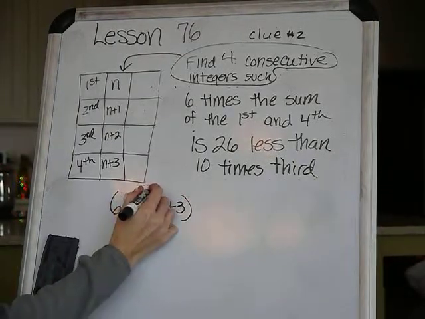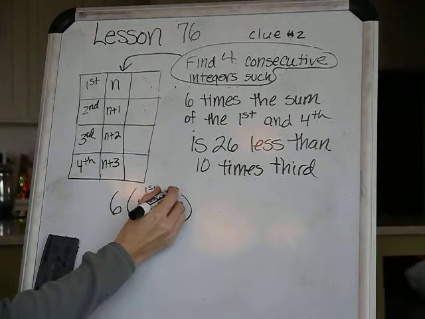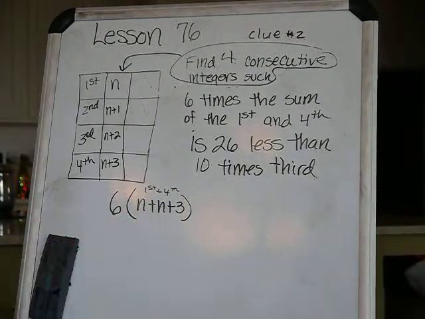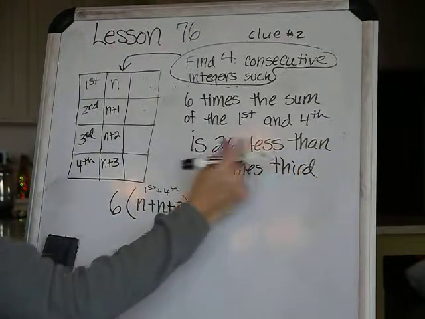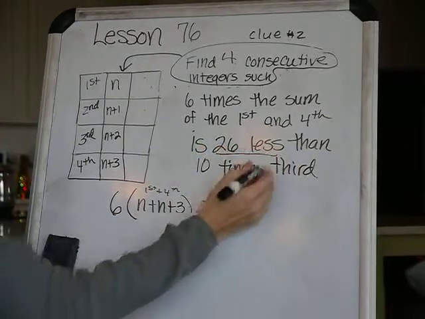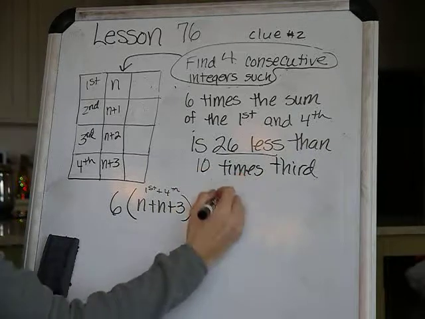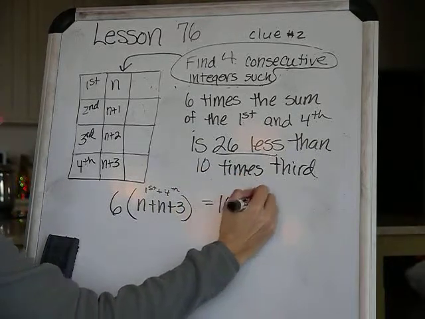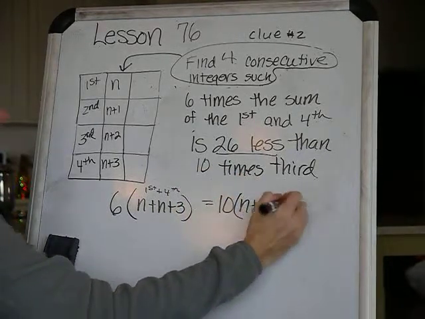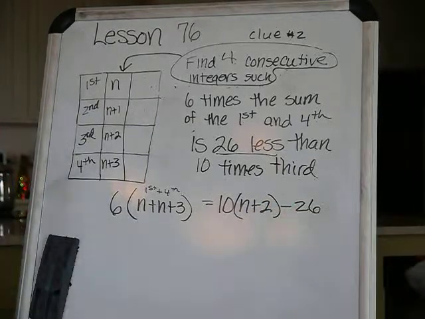This is first plus fourth in here. Equals 26 less, so we're going to put that on the back end, less than 10 times the third. So here's the third minus 26.